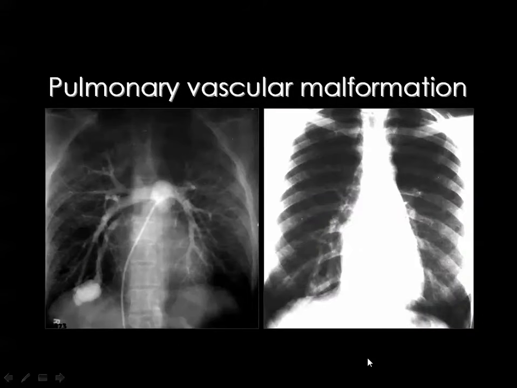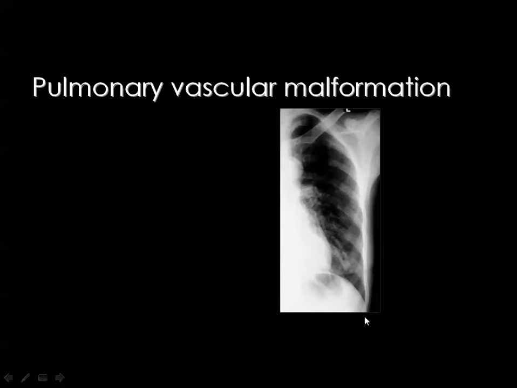In the era before CT and MRI, the only way to confirm the diagnosis of an arteriovenous malformation is to insert a catheter in the pulmonary artery via the left or the right femoral vein. Then you inject contrast material into the pulmonary artery, and you are able to see the feeding artery, the AVM, and the draining vein.